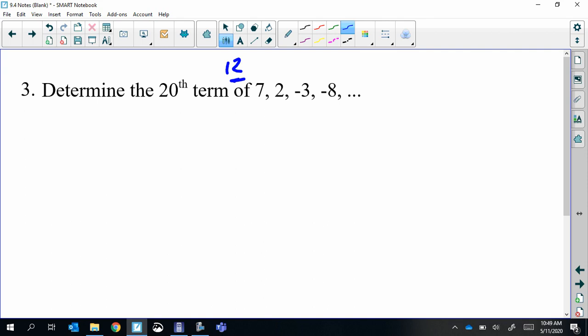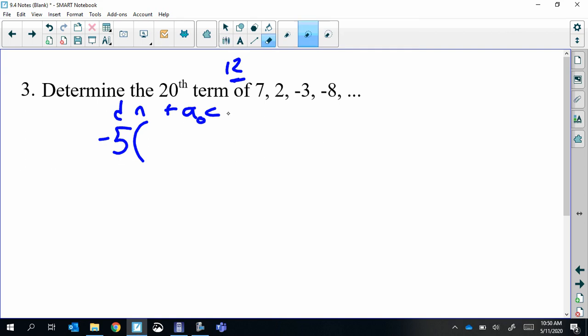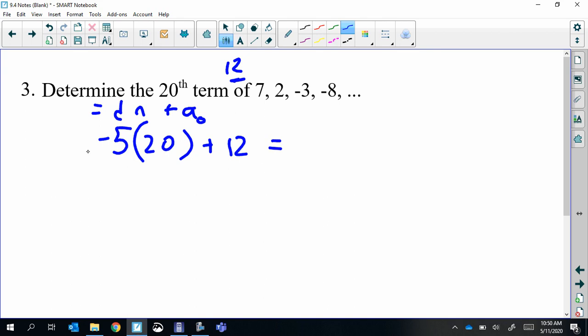And then left to right, to get d, it's going down by 5, so d is negative 5. Oops, a0, not c. So d is negative 5, n is 20, and a0 is 12. 5 times 20 is 100, so negative 5 times 20 will be negative 100.